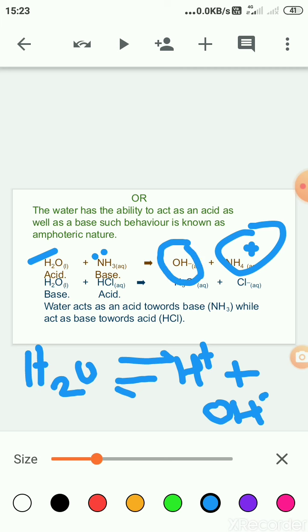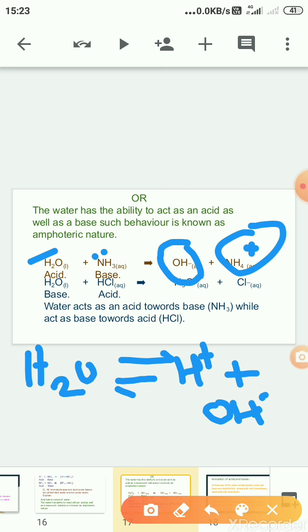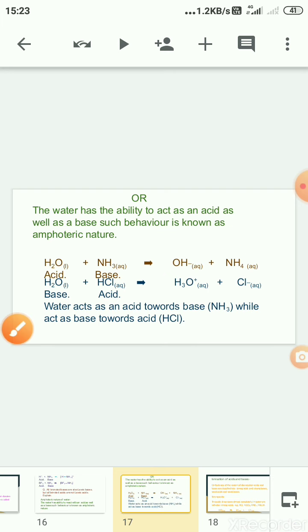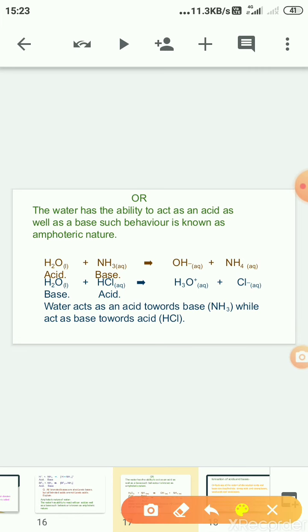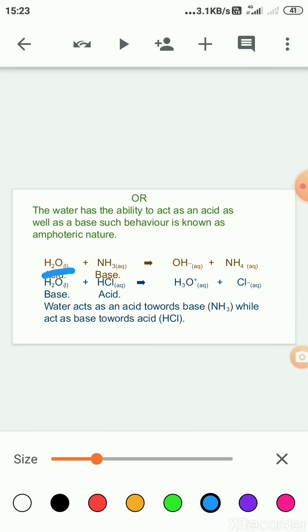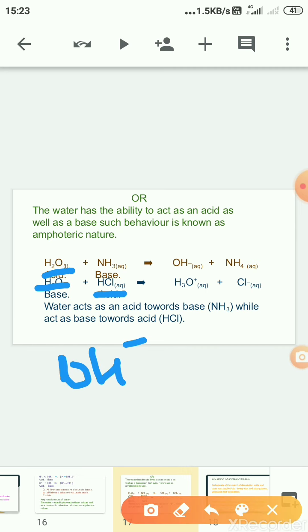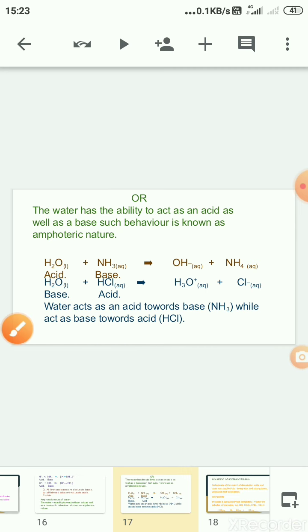As ammonia is basic in nature, in such cases water acts as an acid. While when water reacts with acids, that means HCl, H2SO4, HNO3 and other acids, it acts as a base. The hydrogen is accepted by the water molecule.